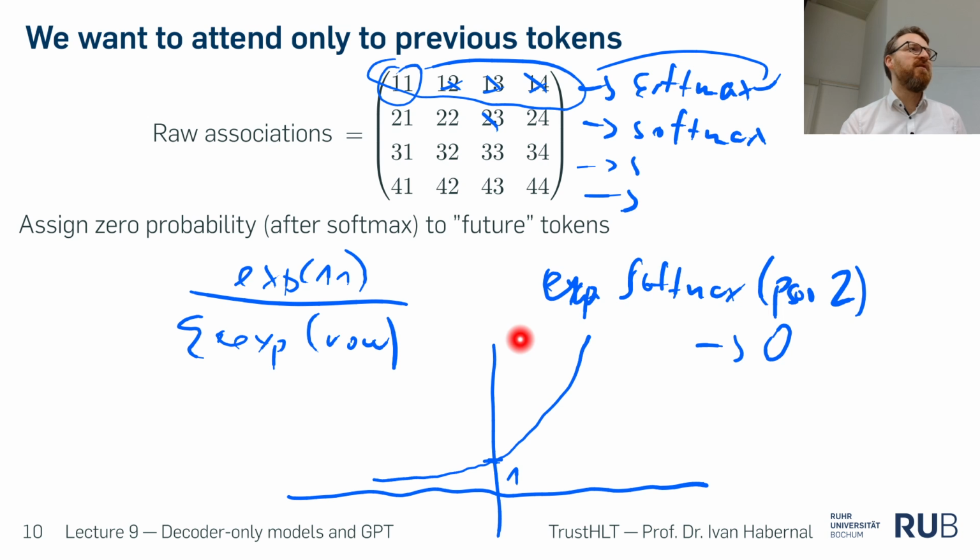So where does it go to 0? It converges to 0 at minus infinity. Fair enough, so we should put in minus infinity.